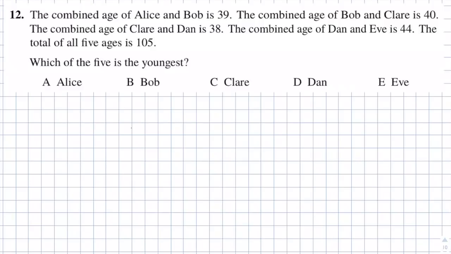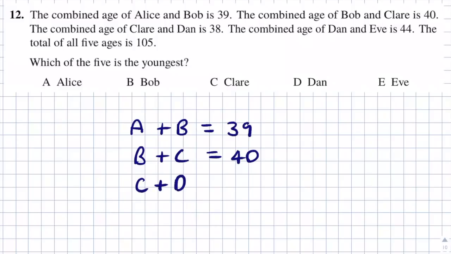Okay, so we know Alice plus Bob's age is equal to 39. Then we're told the total of Bob and Claire's age, which is B plus C, equals 40. Then we're told the combined age of Claire and Dan is 38, so that's C plus D equals 38.